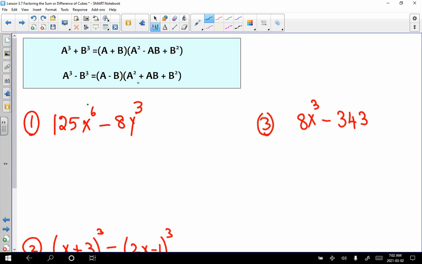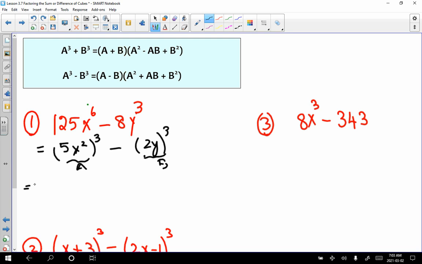Okay, so let's try some questions. 125x to the power 6 minus 8y cubed. First, you're going to write this as a difference of cubes. 5 times 5 times 5, 5 cubed, is 125, right? So this is 5x squared cubed minus 2y cubed. Okay, so first write that, so then you can clearly see this is your a and this is your b, right?